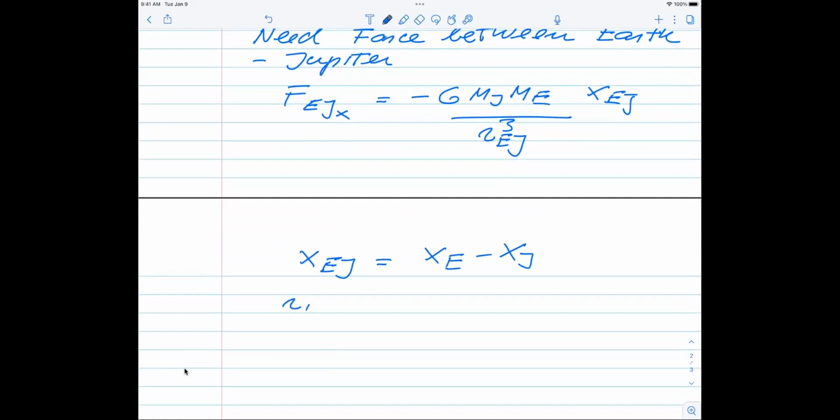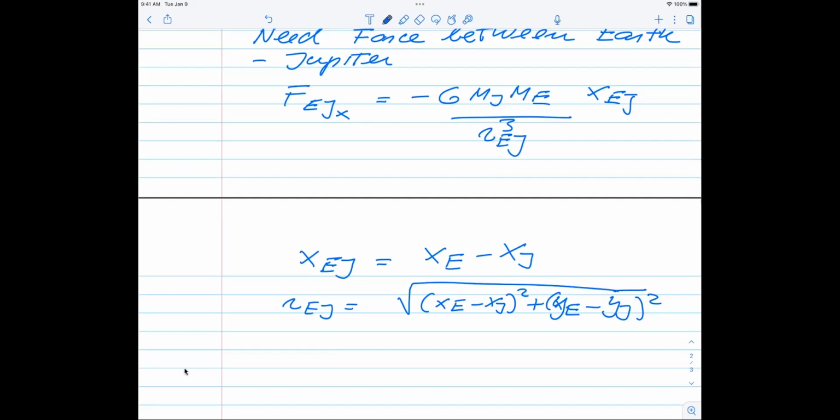And this r_EJ is nothing but the same quantity which we had for the Earth and sun, but now we need to include these in the calculations. So we have a y_E minus y_J, and this is squared. And if you add the third Cartesian coordinate, z, you have an additional z term here.